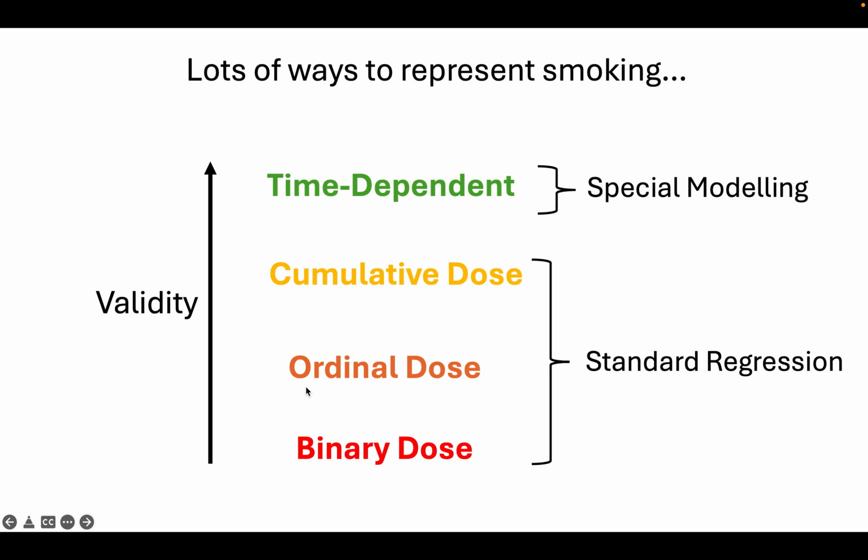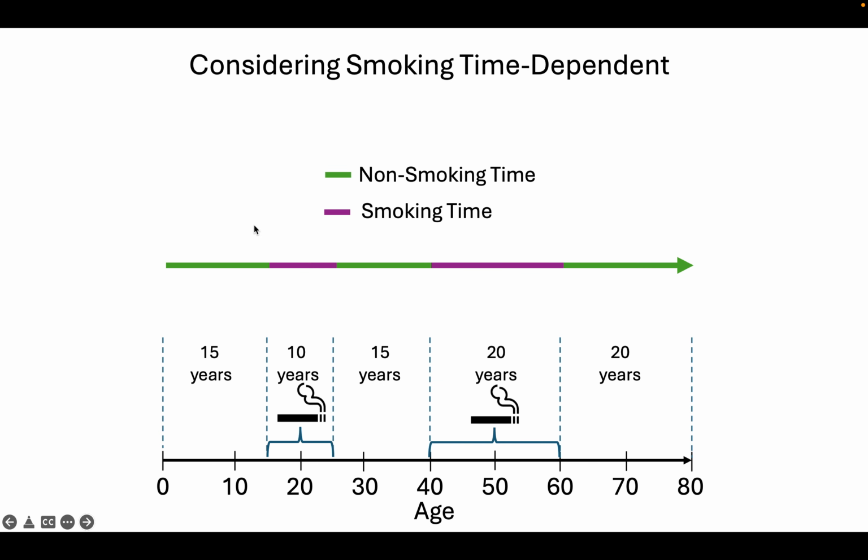Standard regression is suitable for all of these, but the most valid way to handle this type of data would be to treat smoking as a time-dependent variable. So what this looks like is basically breaking up the individual's follow-up time into when they were exposure negative, positive, and so on.